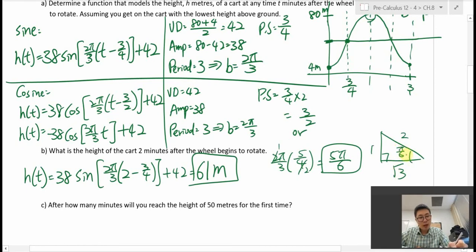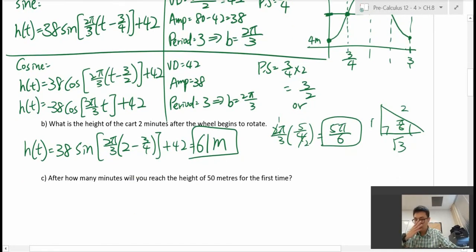And we're looking at sine. Sine of pi over 6 is opposite over hypotenuse, which is 1/2. And because 5 pi over 6 is in the second quadrant, and sine in the second quadrant is positive, the sine of that is actually 1/2. So 38 times 1/2 is 19, and 19 plus 42 is 61. So you can actually do this question without a calculator. You just need to use your special triangle.